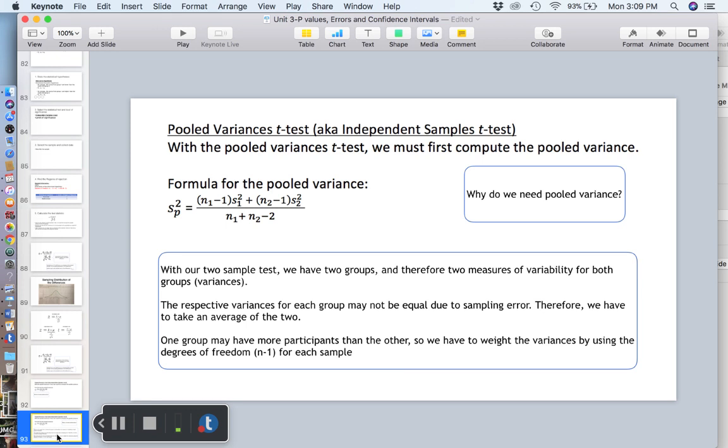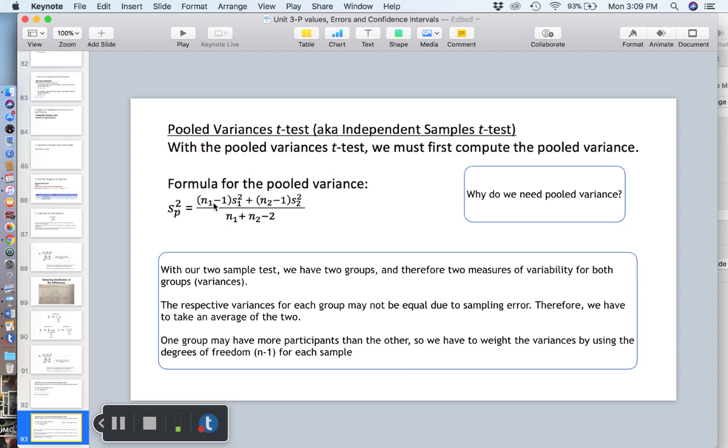The respective variances for each group may not be equal due to sampling error. Therefore, we have to take the average of the two. But if the sample size for one of the groups is a little bit larger, then that's going to impact our pooled variance. So we weight the variances for both groups by including the degrees of freedom, which is n minus 1 for each sample. Our formula for pooled variance therefore looks like this.